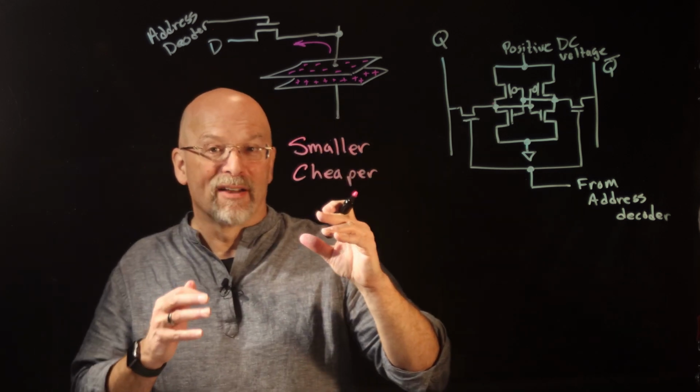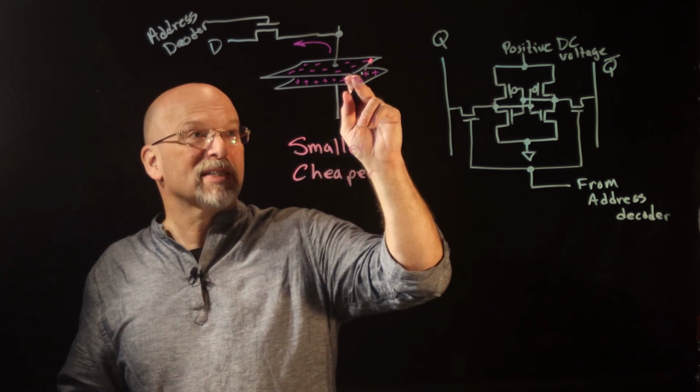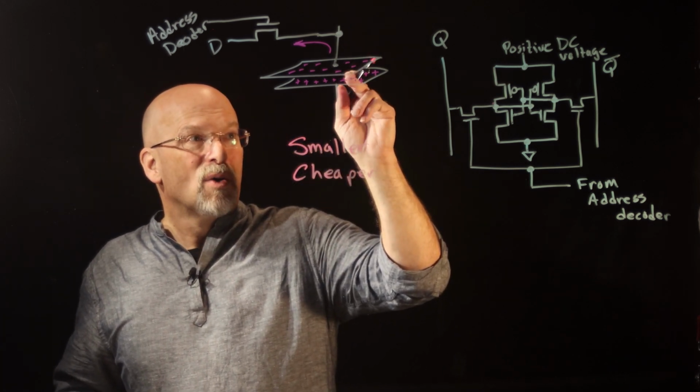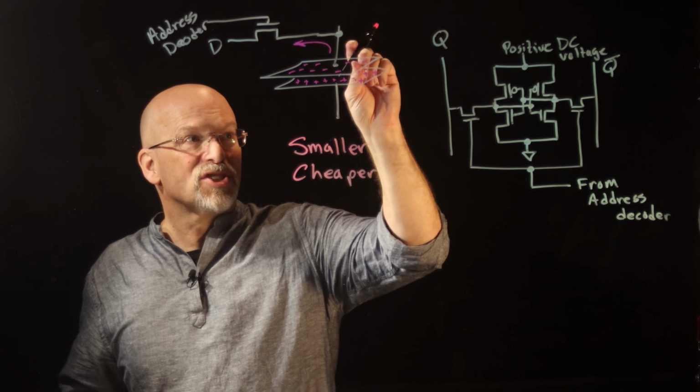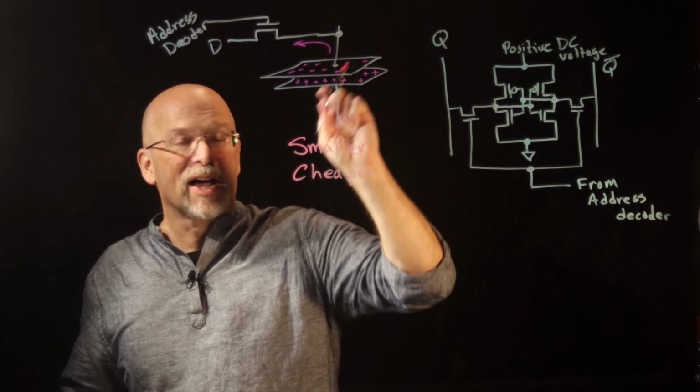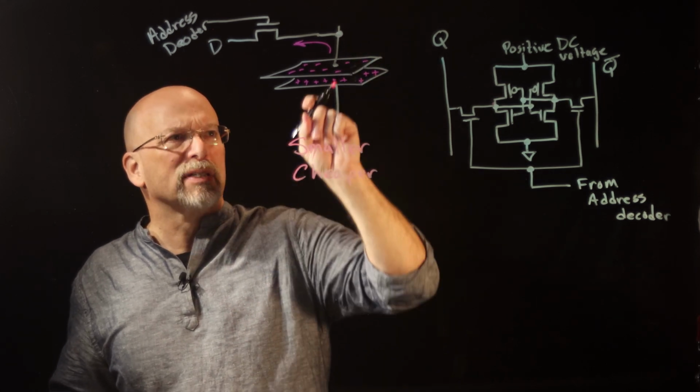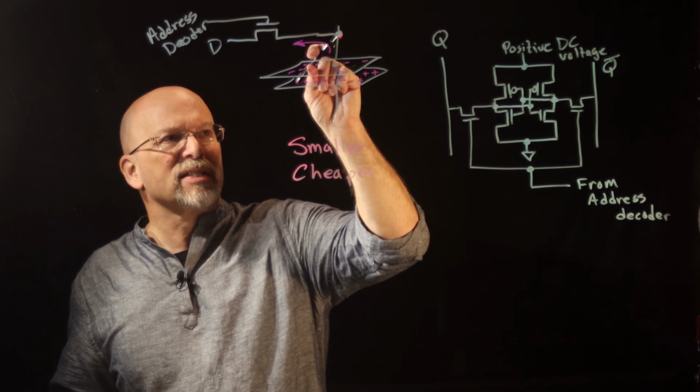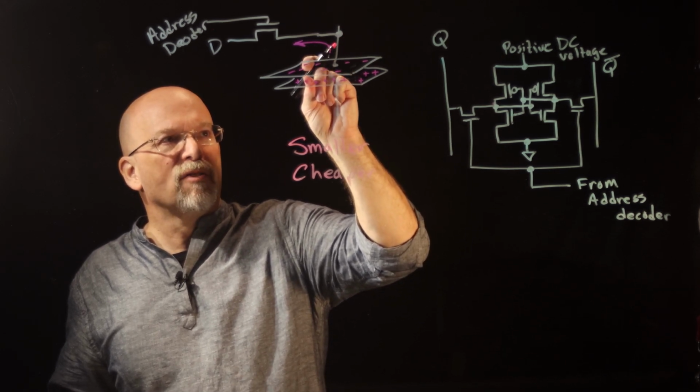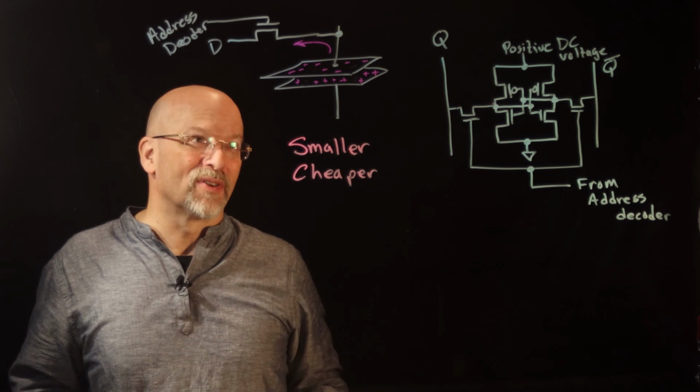We also have a depletion of charge just because every once in a while, one of these electrons is going to escape over to the other side. The dielectric's not perfect. Every once in a while, we get this leakage where one electron just escapes over to the other side.